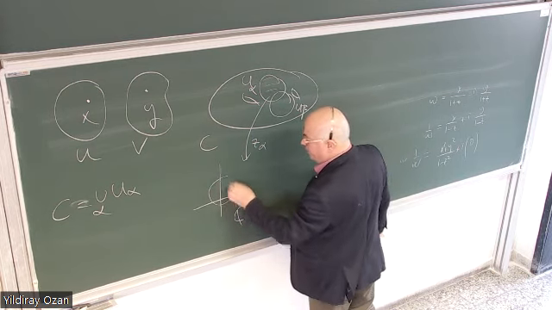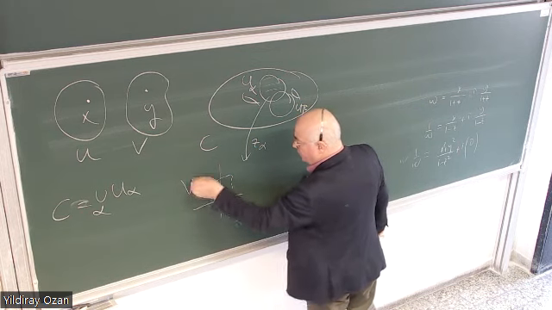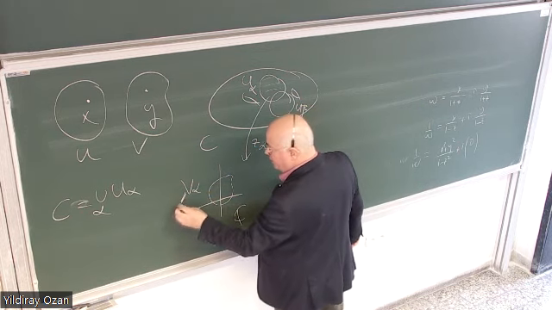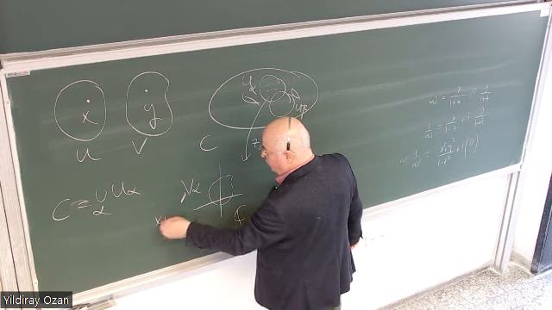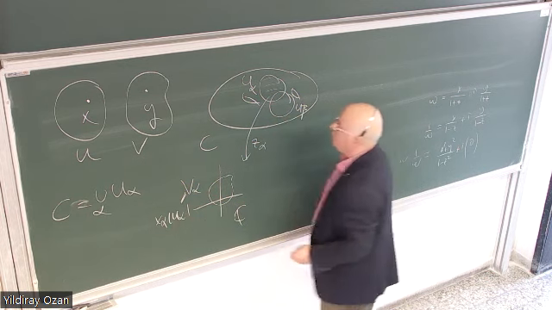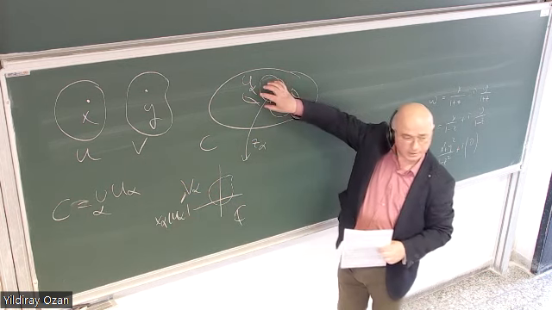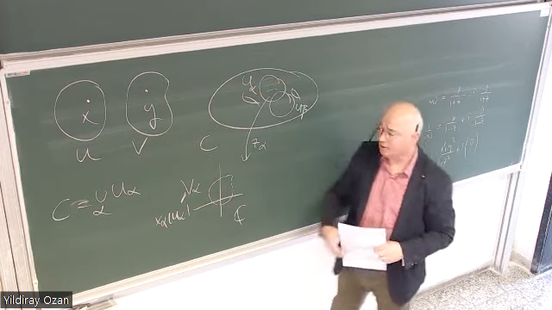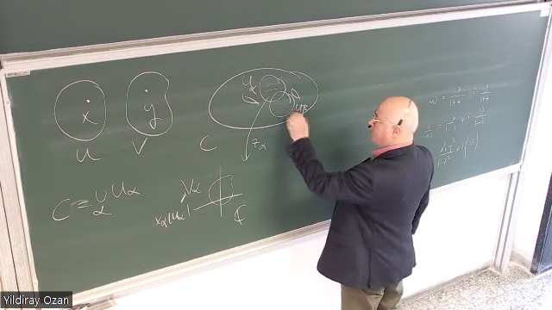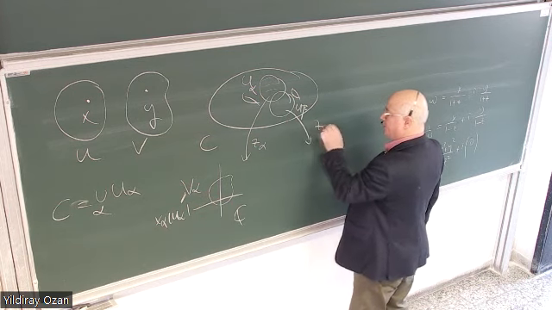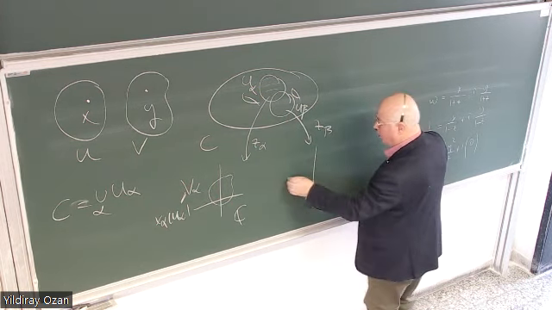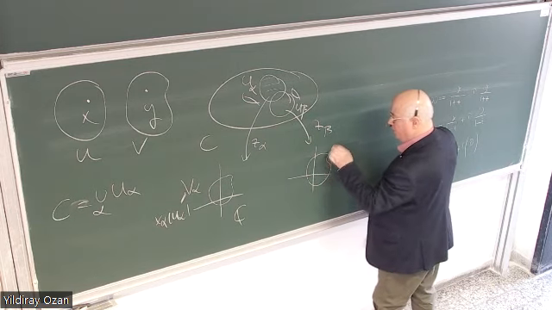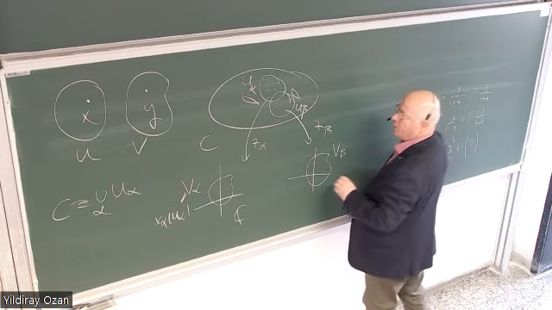So there is some, let's say, V alpha. And what is this? This is the image of U alpha. So I have this open set, and its image in C is an open set. And then this open set has image under this coordinate chart. Let's say V beta.